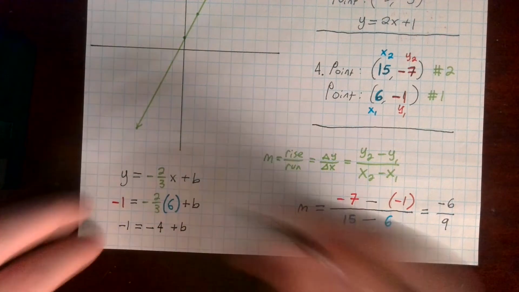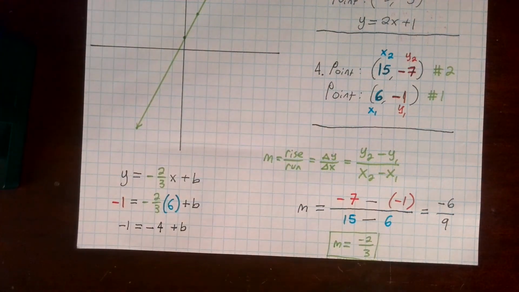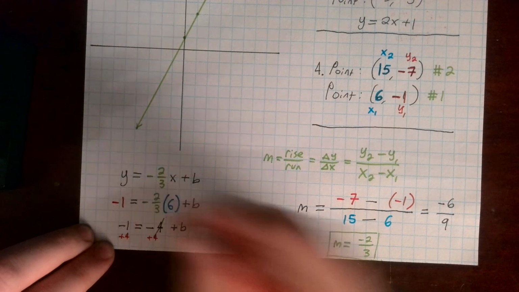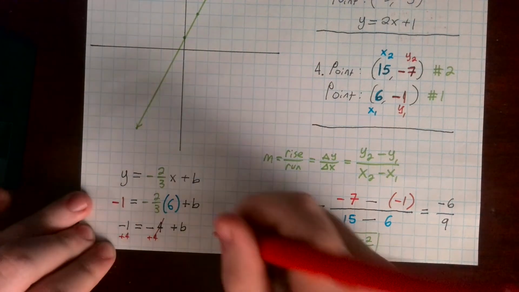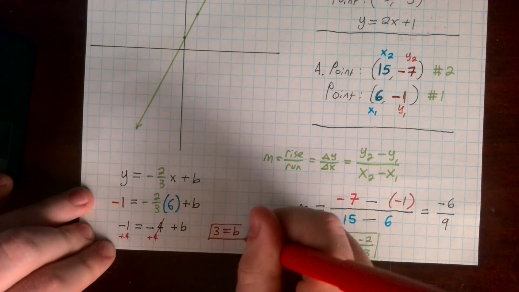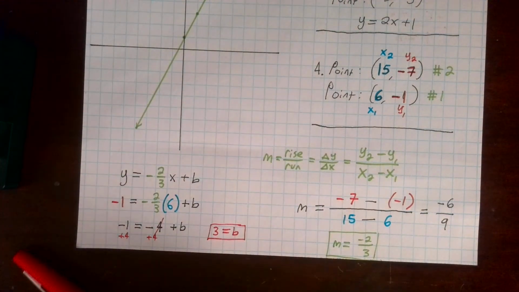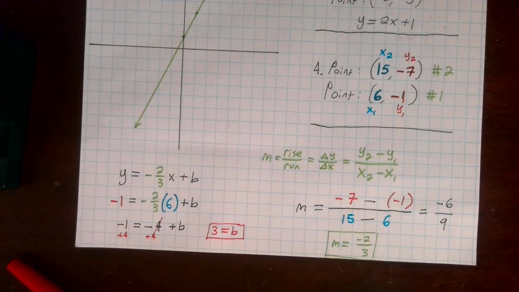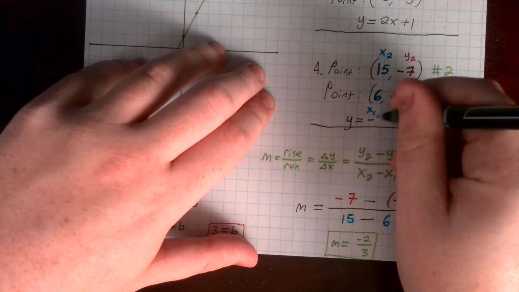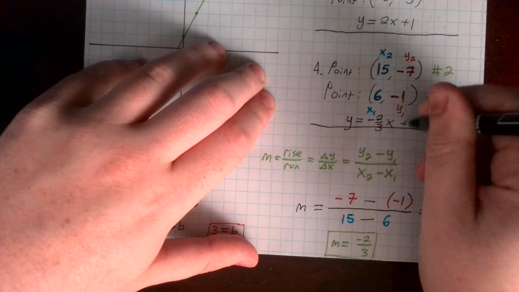So, -1 equals -4 plus b. Well, what do we do from here? We want to get b by itself, so we can add 4 to both sides. These ones cancel out, and what's -1 plus 4? It's 3. Our b value is 3. We know our m of -2/3 and our b of 3, so we know our full equation. y equals -2/3 x plus 3.